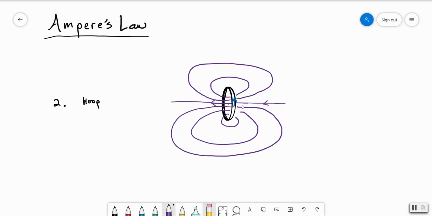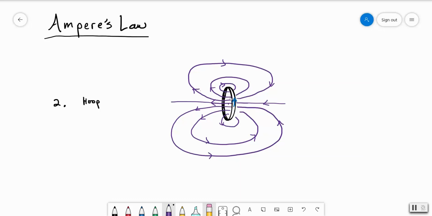Here we have magnetic field going directly through the middle, and we would have magnetic field also going from right to left at every other part of our hoop. So hopefully you recognize this as looking an awful lot like one of those bar magnets. And as a matter of fact, this is exactly how our bar magnets are created. They're actually tiny little current loops all throughout a bar magnet.